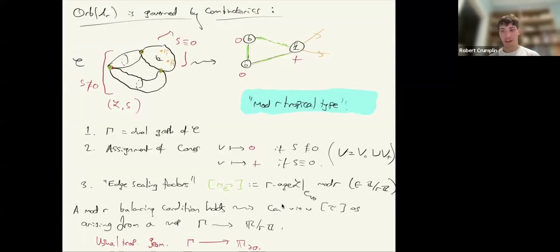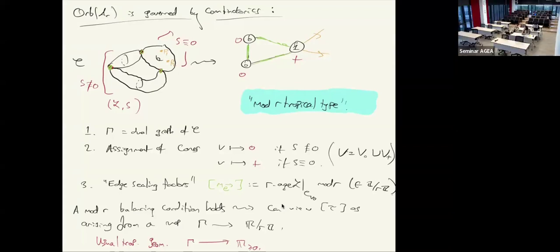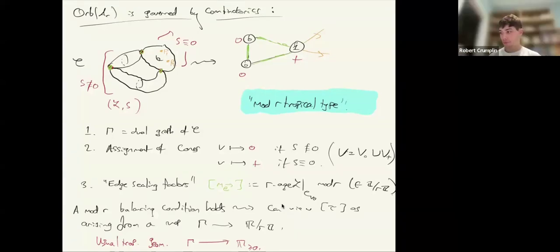Cool. Any questions? So this mod R tropical type somehow depends on R in a way that is not visible in the picture? Yeah, that's a really good question. So your question is, where is R here? One reason it doesn't look like it depends on R is because I didn't write down what these slopes are.